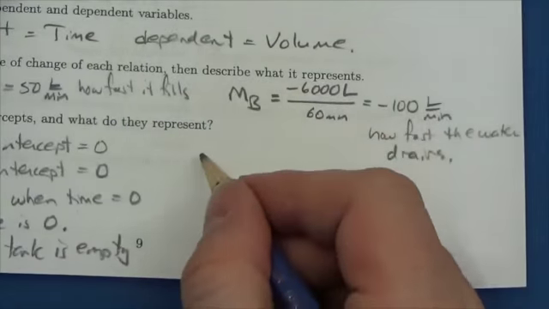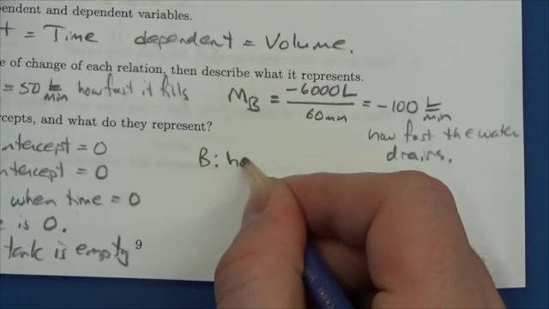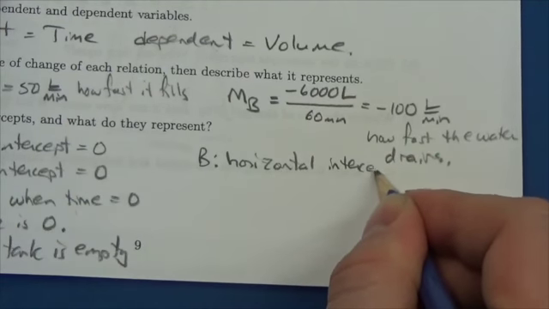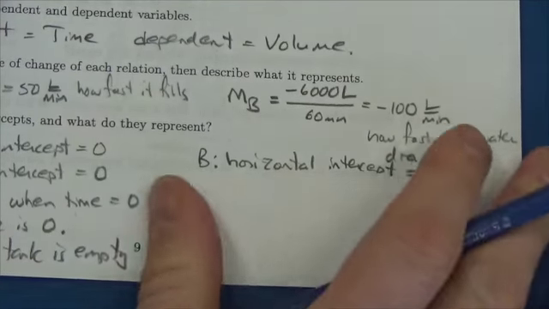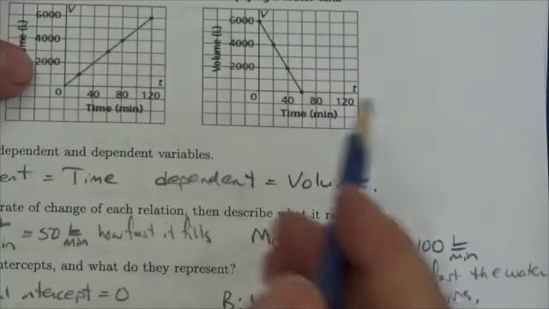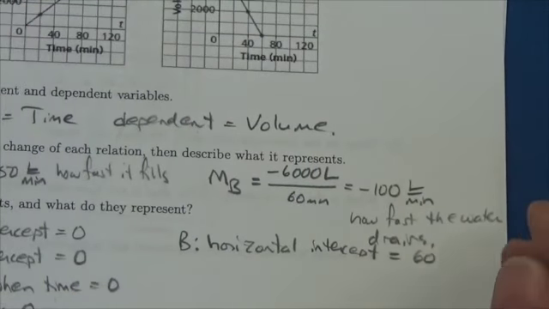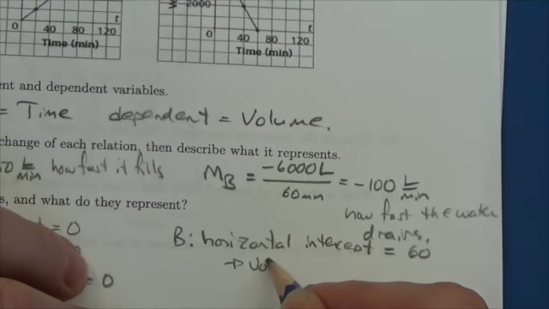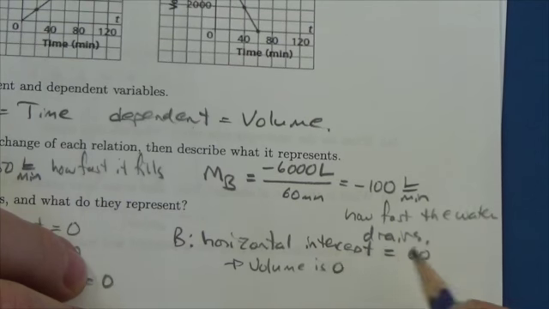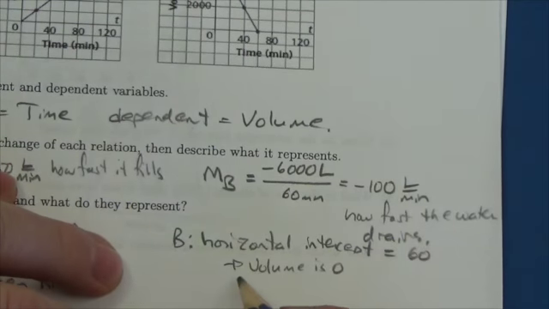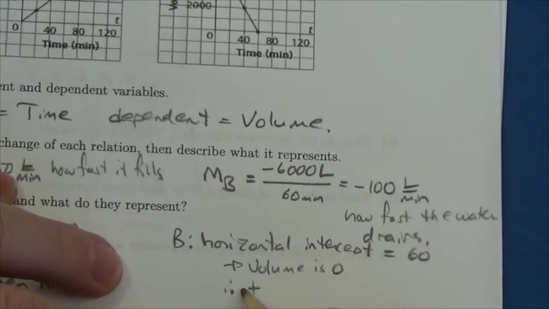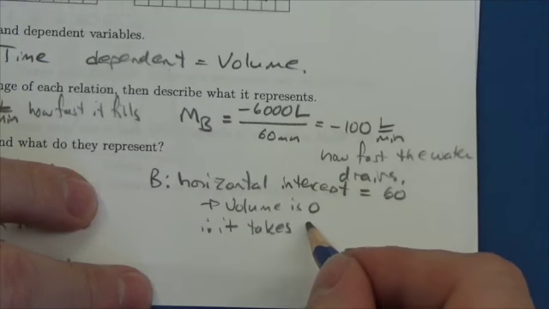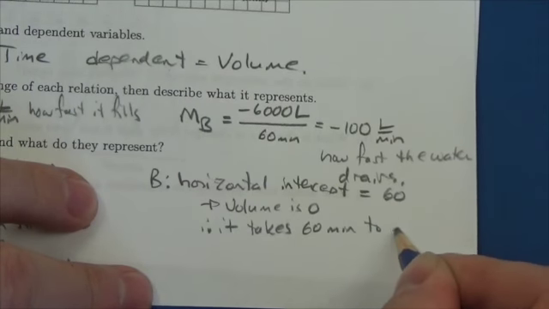Now let's go to B. My horizontal intercept, let's look at the graph here, is 60. At the horizontal intercept, note that volume is 0. So what this suggests is that it takes 60 minutes to drain.